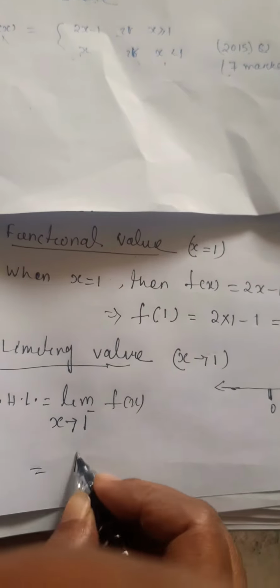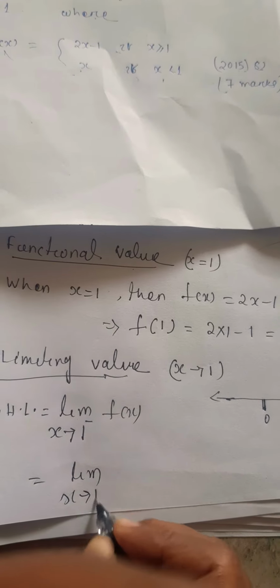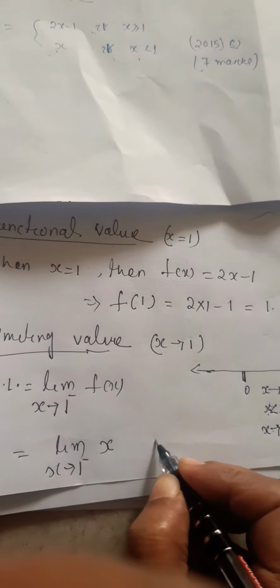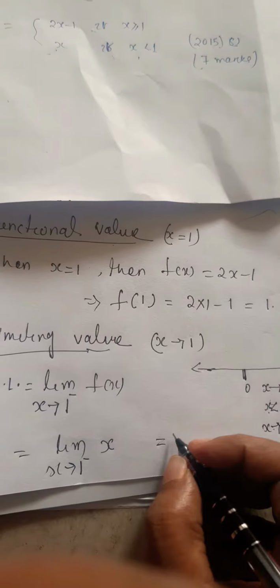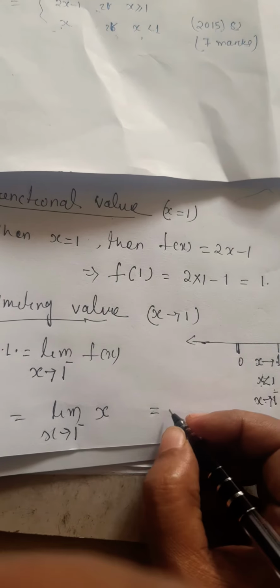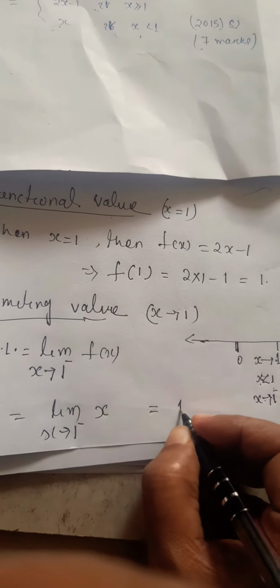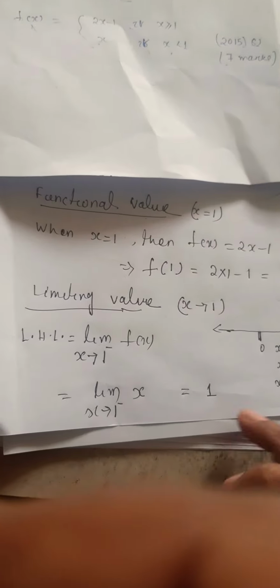So in place of f(x), we can write x, and just put the value 1 in place of x to find the left hand side limit. So here you have got the left hand side limit is 1.